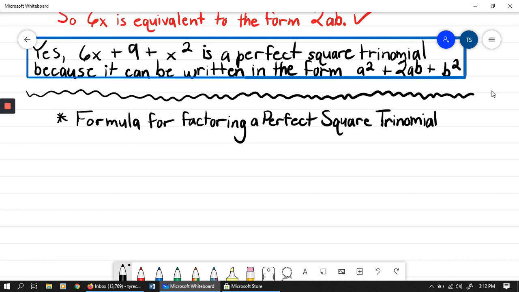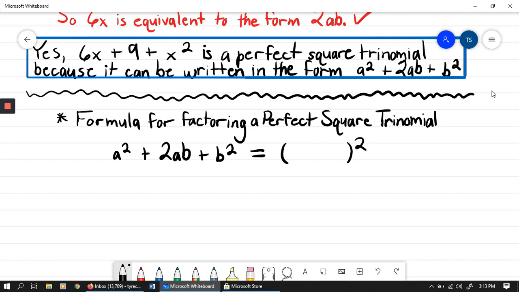If you've identified that you do have a perfect square trinomial, meaning a trinomial written in the form a squared plus 2ab plus b squared, then the way that you'll write out the factors is like this: as a binomial squared.